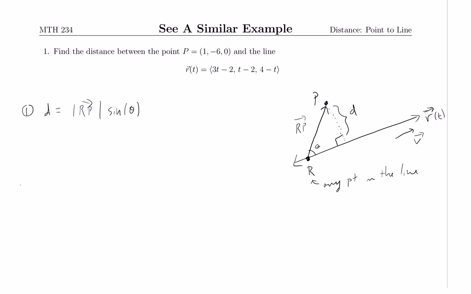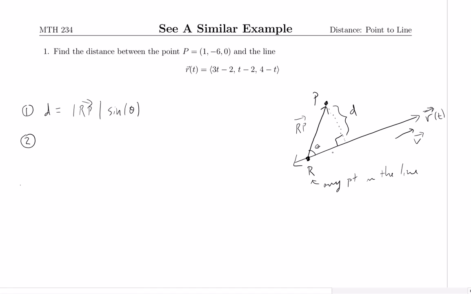But we can get around that by doing something clever. We can remember the formula for the length of the cross product of two vectors. If you'll remember, the length of the cross product of two vectors is the product of the lengths of those vectors times the sine of the angle between them.